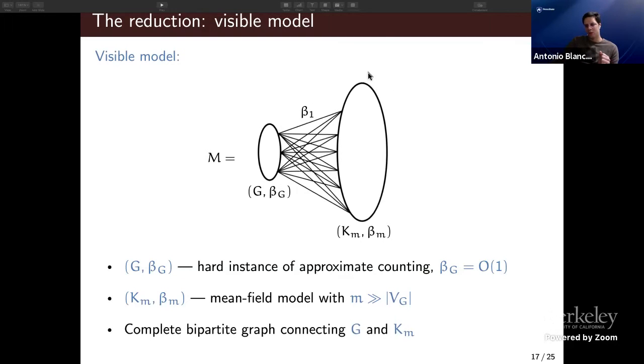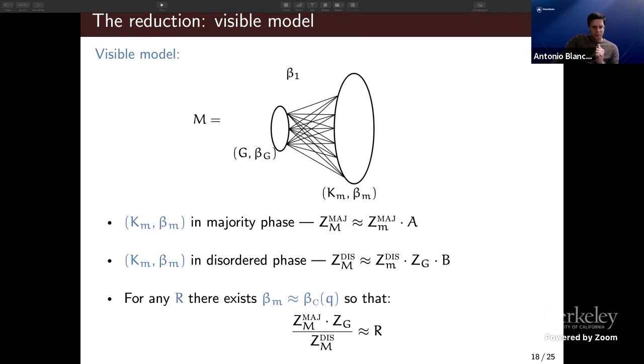Okay, so again, when this one is in the majority phase, it's going to completely overrule what is going on in G, and it says you're going to align. But when this one is in the disorder phase with mostly the same number of colors, then G will actually say how the distribution of the whole visible model looks like.